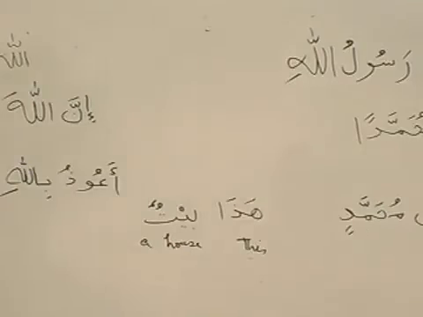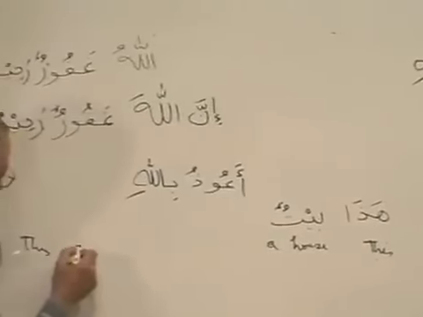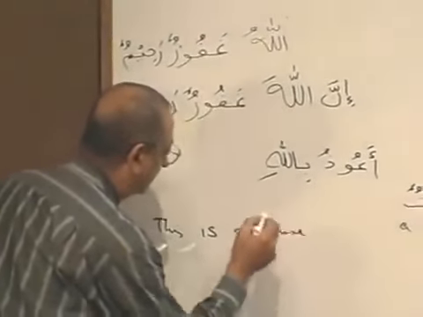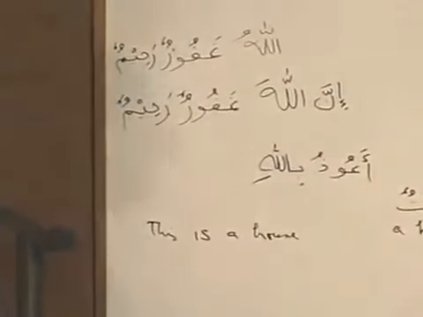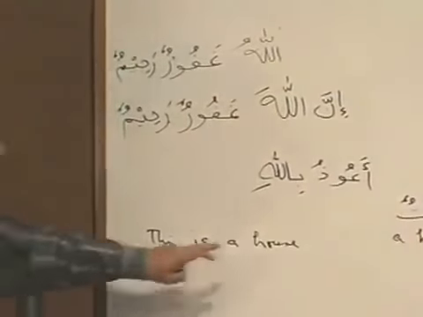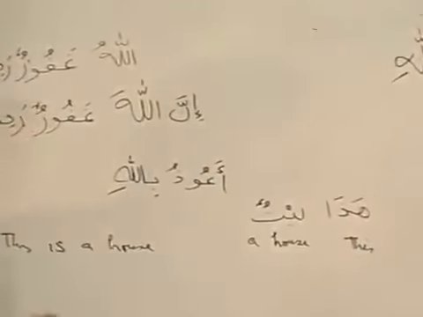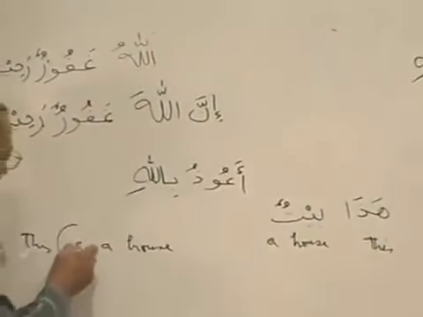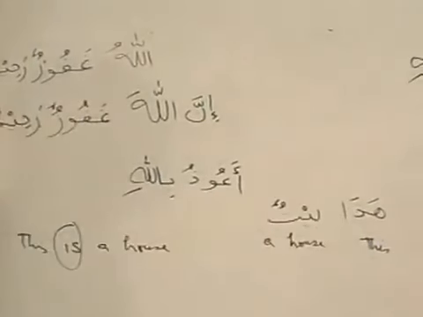No, but you said in English that this is a house. Okay. I see this here, Hadha. I see a house here, Baitun. But I don't see anything similar to is in Arabic.